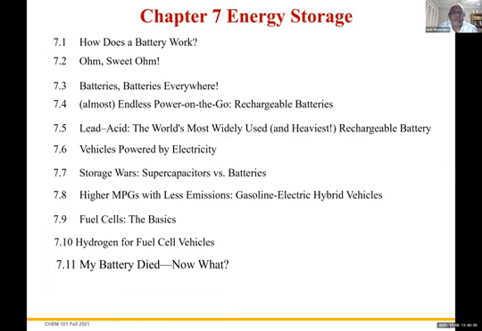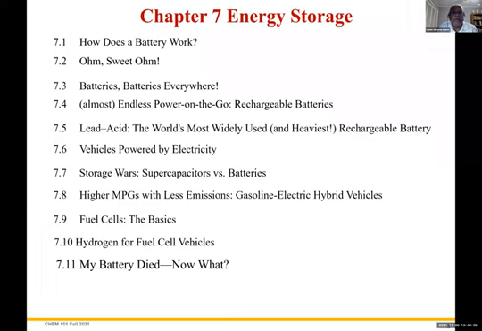Terminals where we draw the current to start the engine, ignite the engine. Some vehicles are powered by electricity. We're going to look into hybrid vehicles and what kind of batteries are used in Toyota Prius and other vehicles.